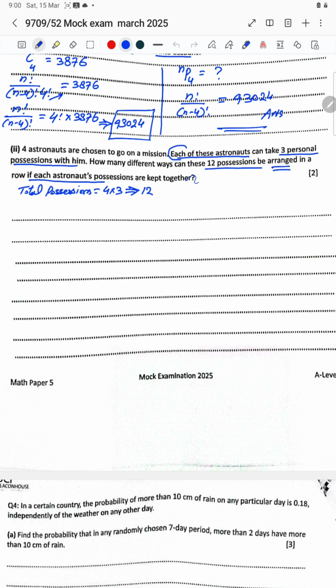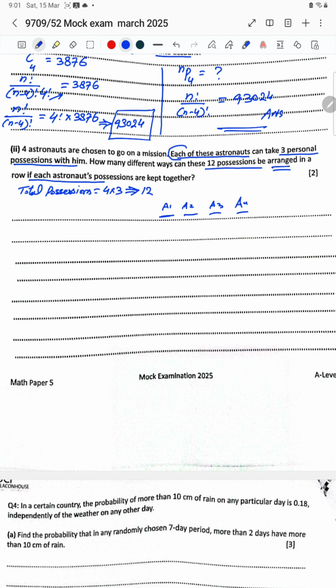So we have to find how many different ways the 12 positions can be arranged in a row if each astronaut's positions are kept together. We have 4 astronauts, A1, A2, A3, A4.